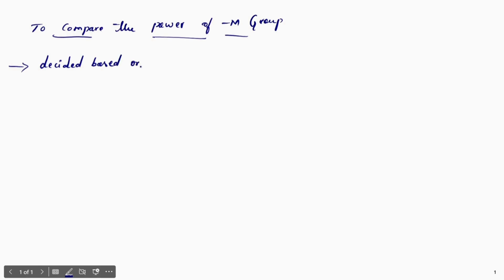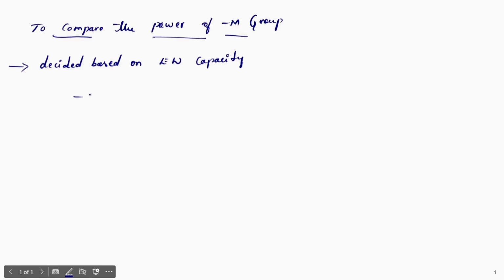To compare the power of a negative mesomeric group, this is decided based on electron withdrawing capacity.